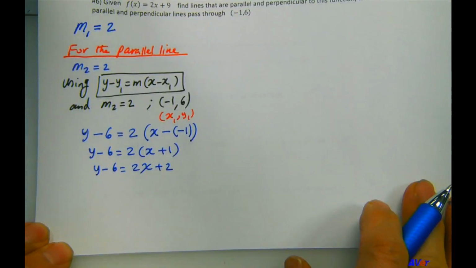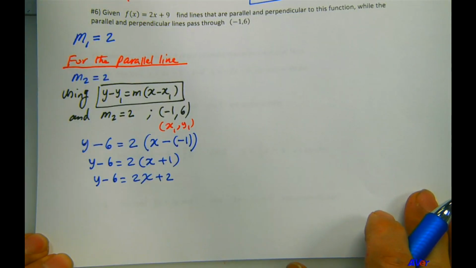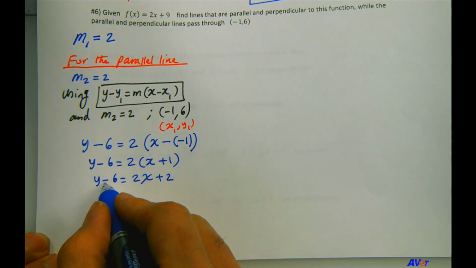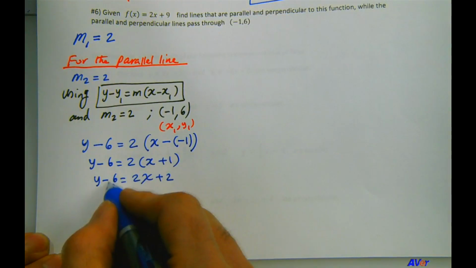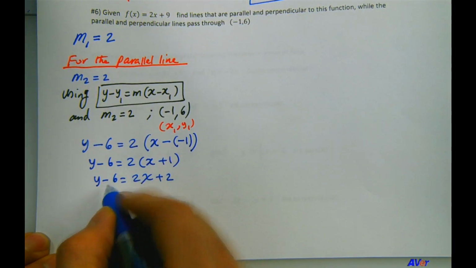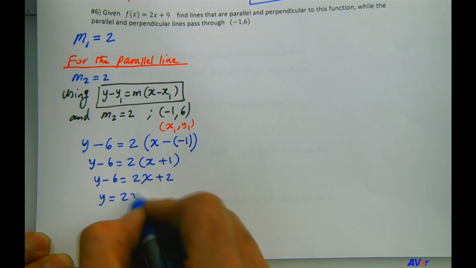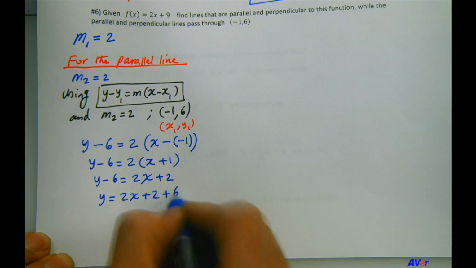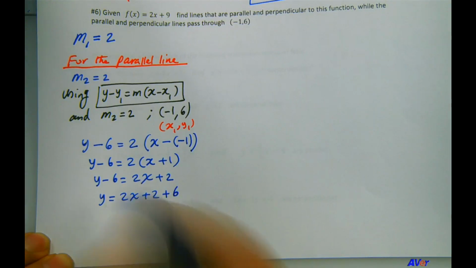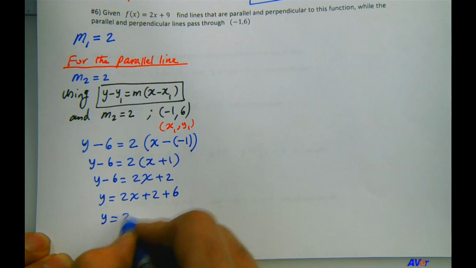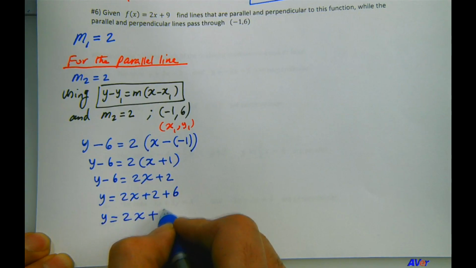Right? Like that. And then let's move the negative 6 to the other side. When we move it, it changes algebraic sign to its opposite, which is positive. So y equals 2x plus 2 plus 6. So then y equals 2x plus 8.